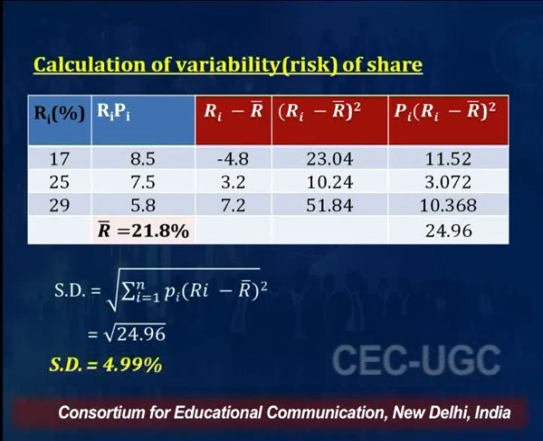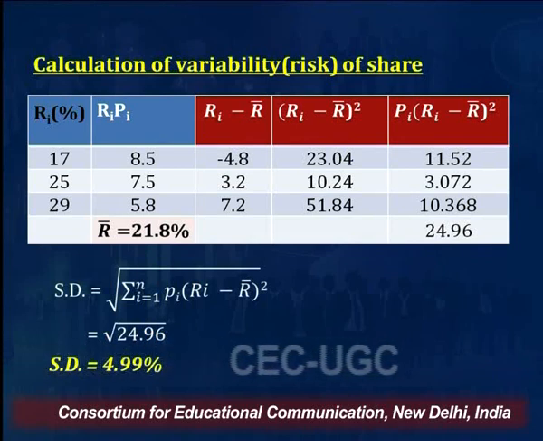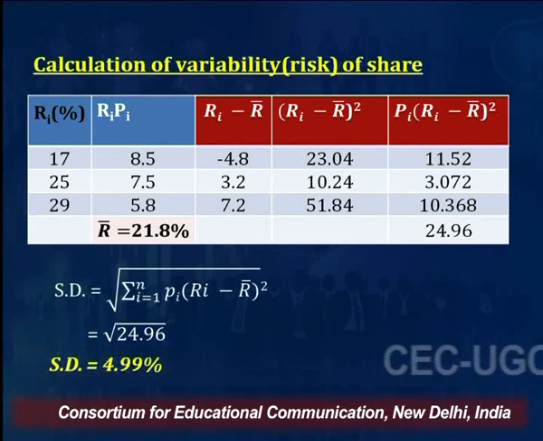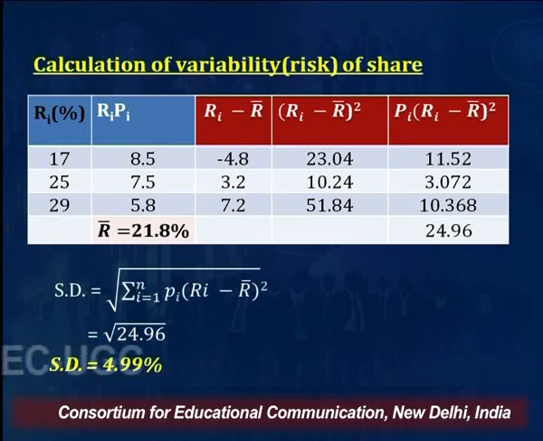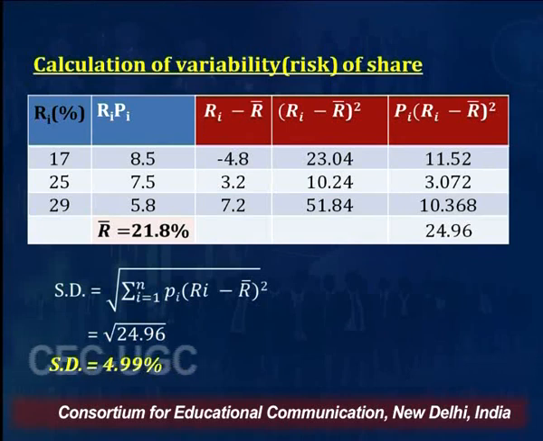So this is Ri minus R bar whole square, and it will be multiplied with the probability in order to calculate risk, right? So 23.04 multiplied by the probability, that is 0.5, that gives you 11.52. In this manner, you can calculate with all three different probabilities and different Ri minus R bar whole squares.